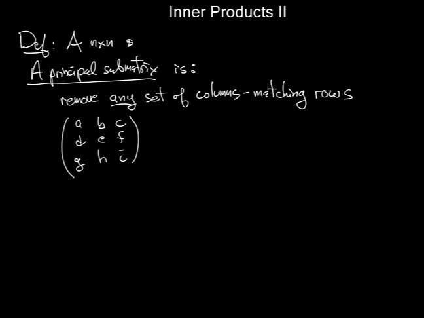So, for example, if you remove the second column and the second row, you get this matrix ACGI. Another example is you could remove the first column and the first row, which leaves EFHI.